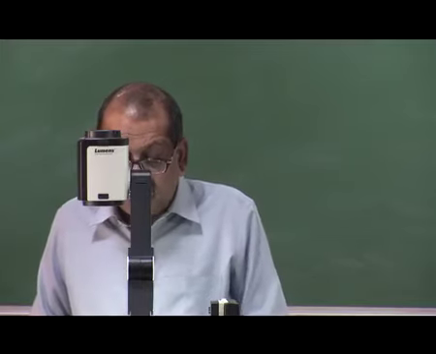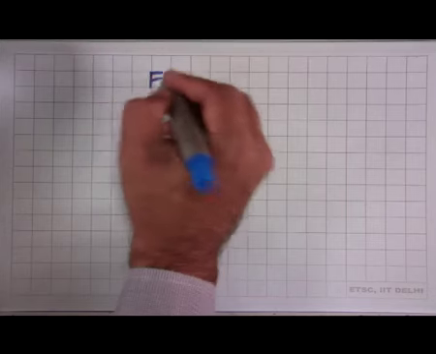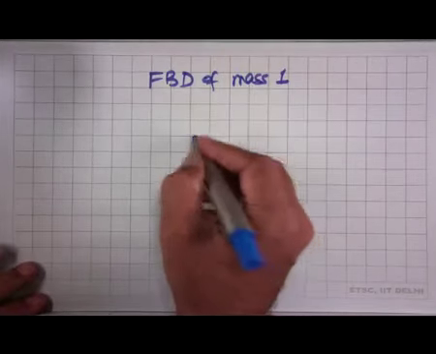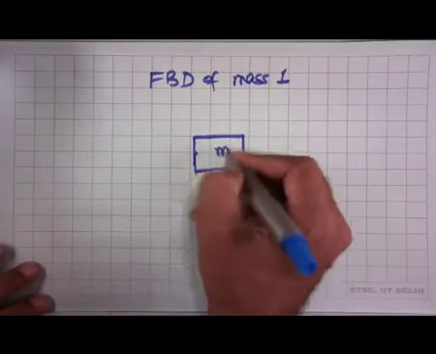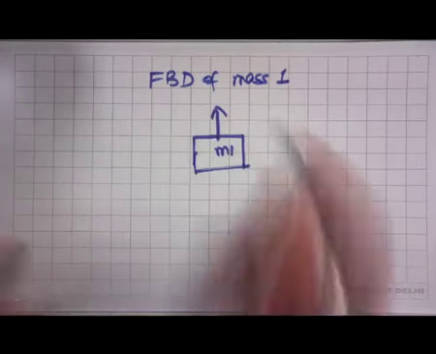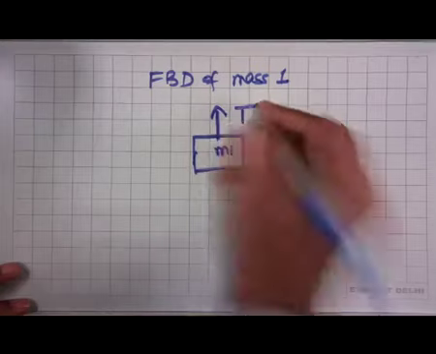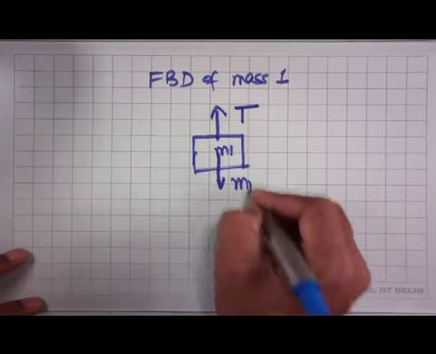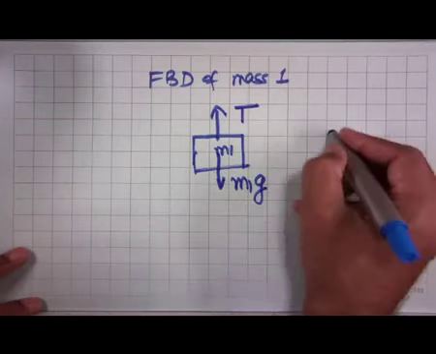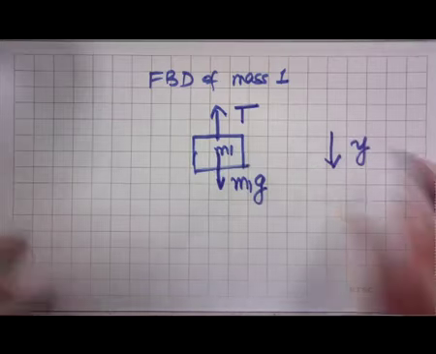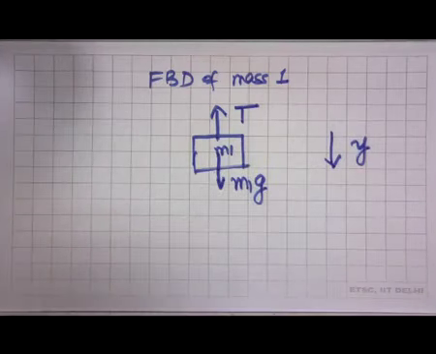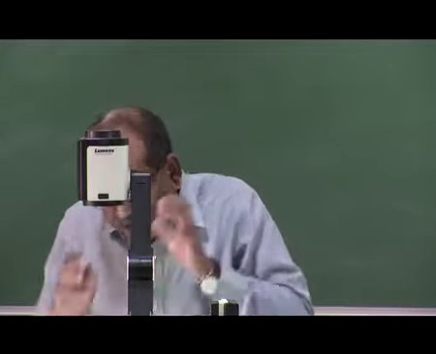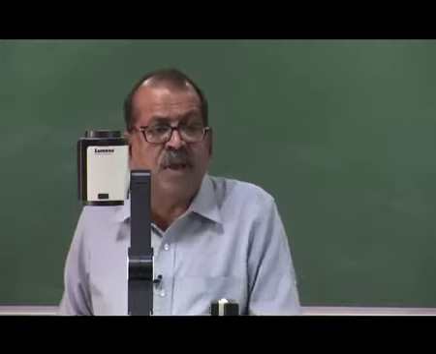So, to solve for the second unknown, we go to mass 1. We draw the free body diagram of mass 1. This is m1. Once again the string pulls this mass with a tension T, which we have said is the same as in the other part, and its weight is m1g. For analyzing mass 1, I can choose y going downwards, because a priori I know that the mass is moving down, so acceleration is downwards.